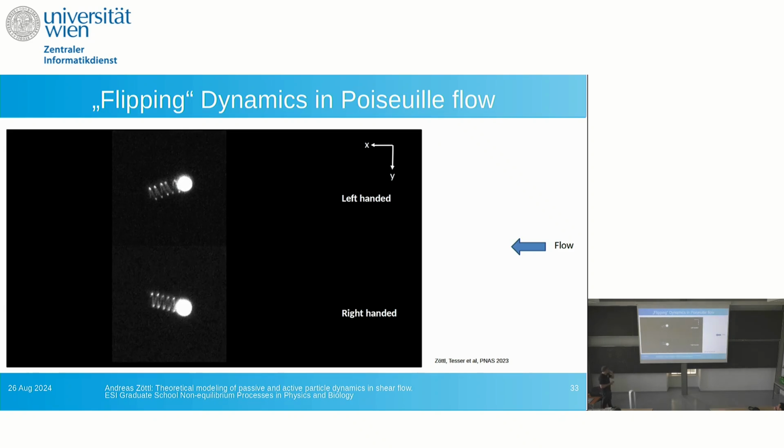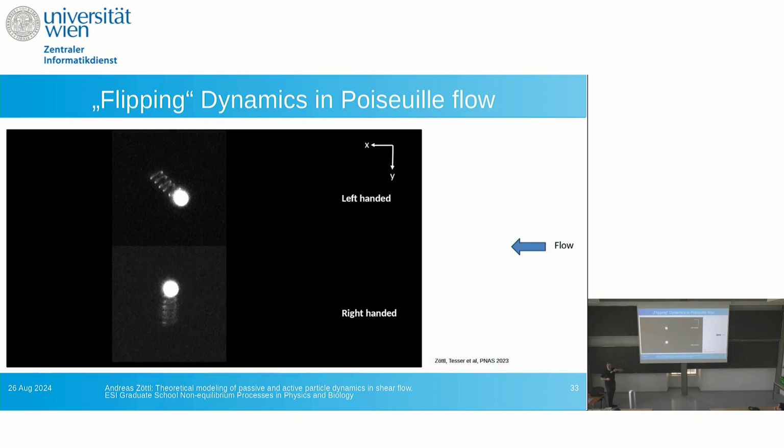And what you see is, for example, when you put them in a flow, they do these kinds of Jeffery-like oscillations, but after some time, they switch from pointing their head to the left side to the right side and the other way around.